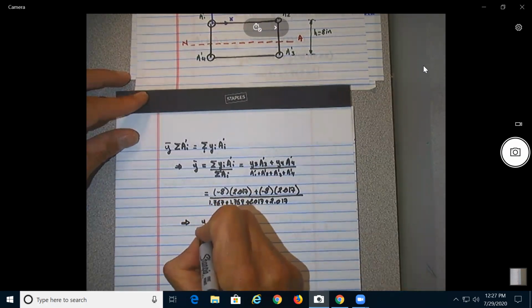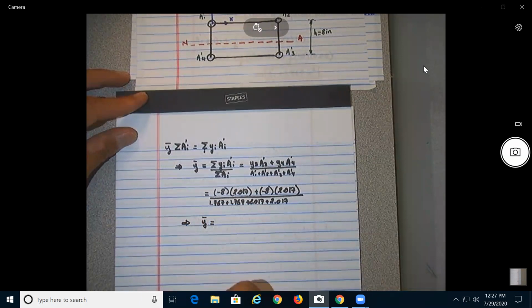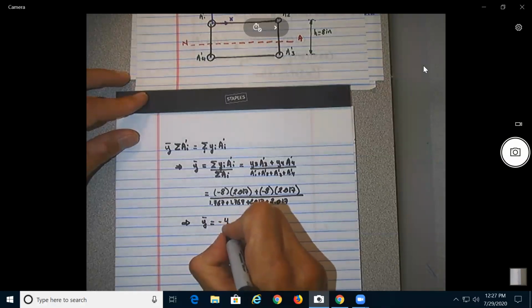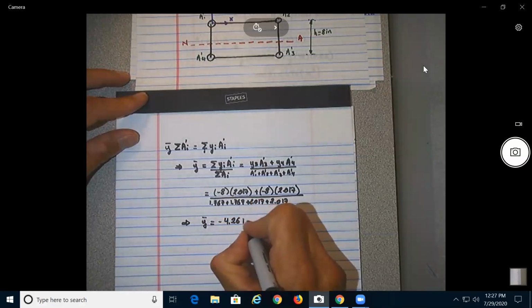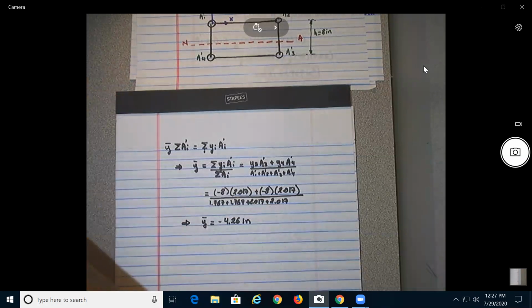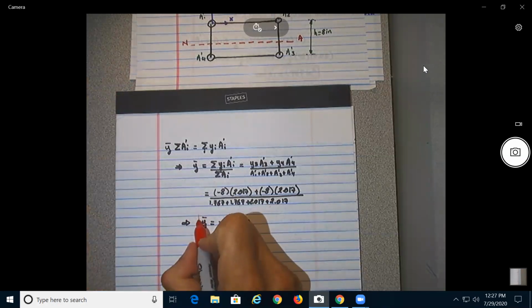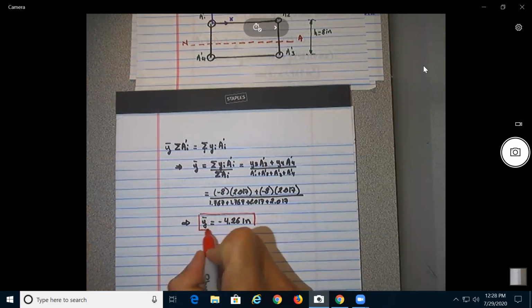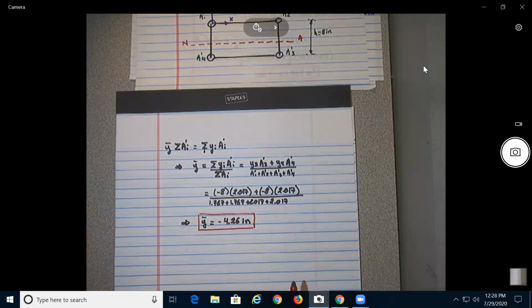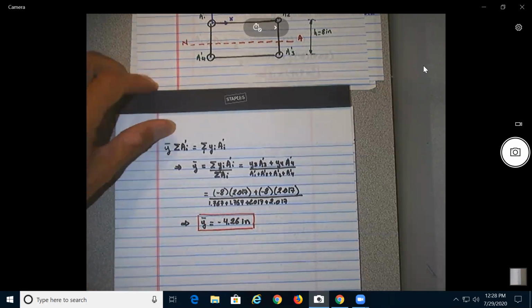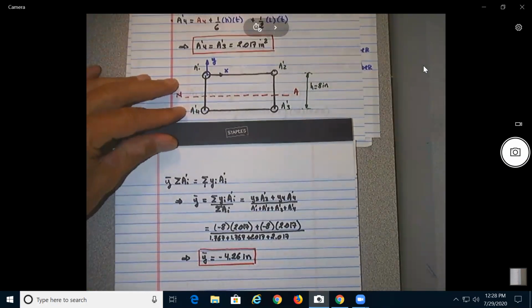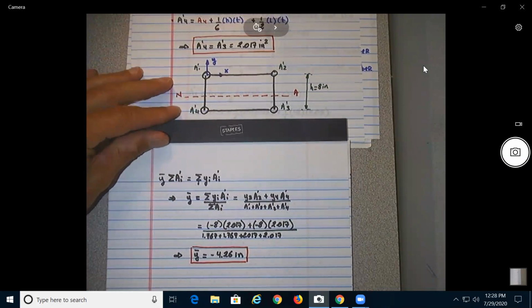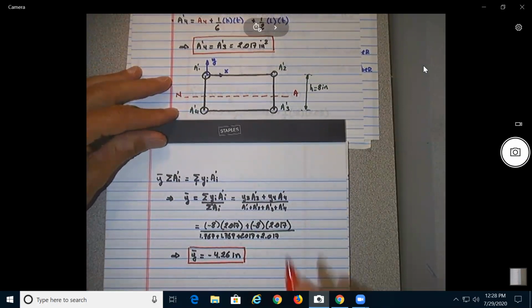And this is going to give you the location of the centroid, which in this case will be the neutral axis, at -4.26 inches. So if you come to the figure, what does that mean?